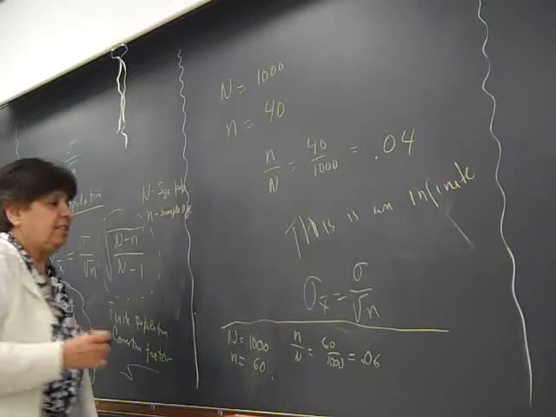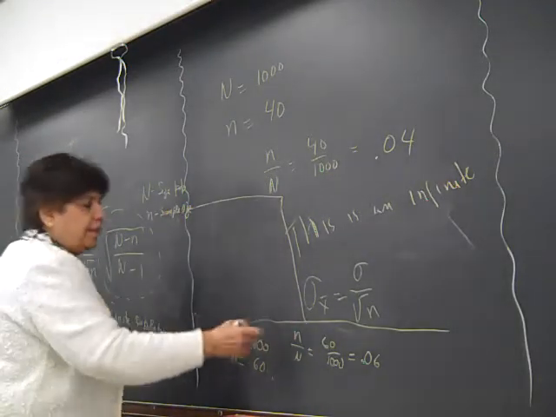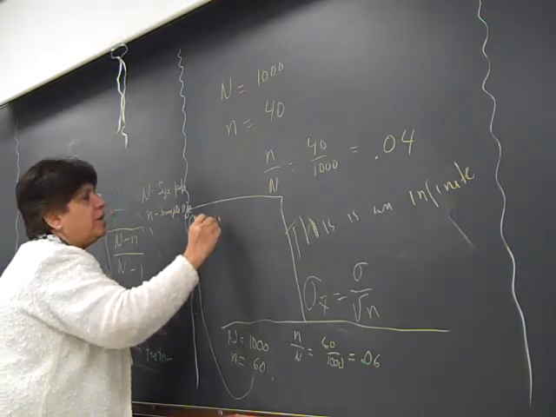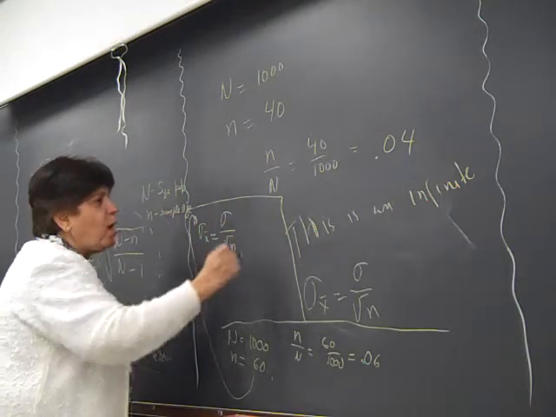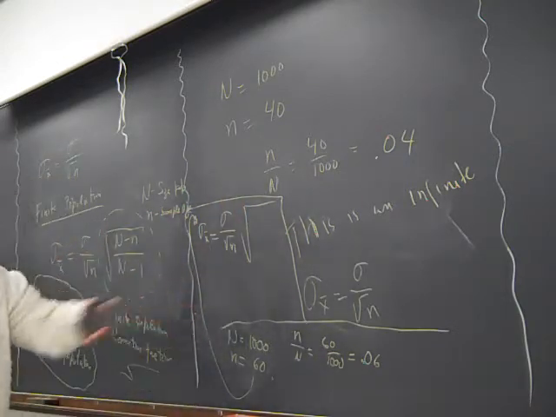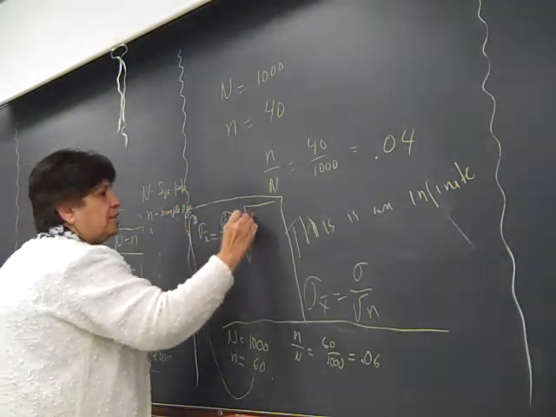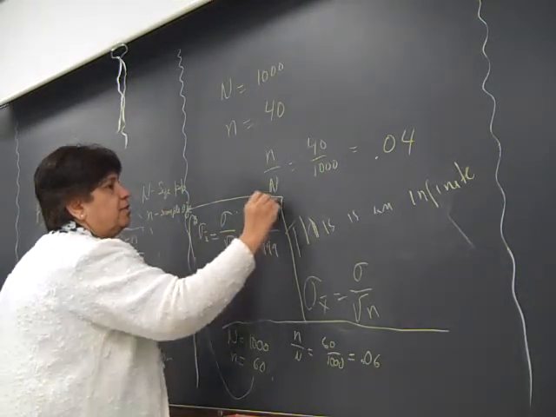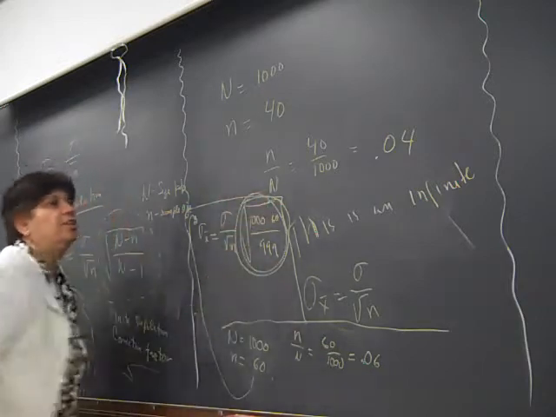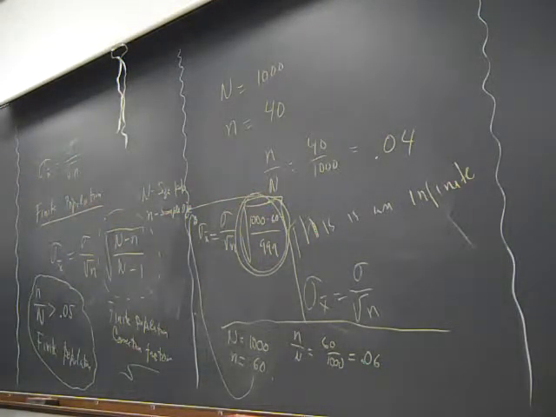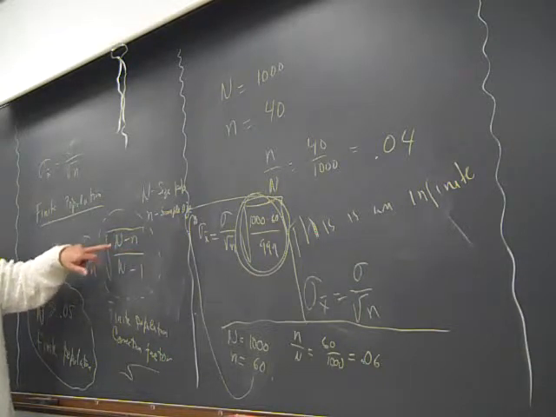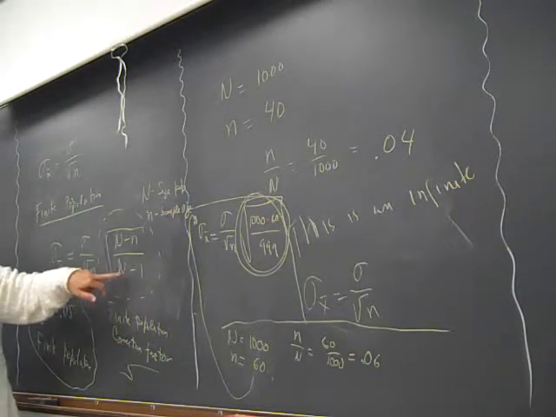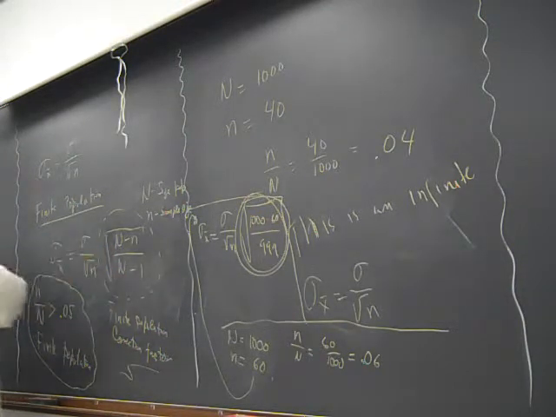So in this case, guys, my sigma of x bar has to be equal to sigma over square root of n times 1,000 minus 60 divided by 999. So we have to include the finite population correction factor, and remember it's N minus n, so it's 1,000 minus 60, divided by capital N minus 1, or 1,000 minus 1, which is equal to 999.